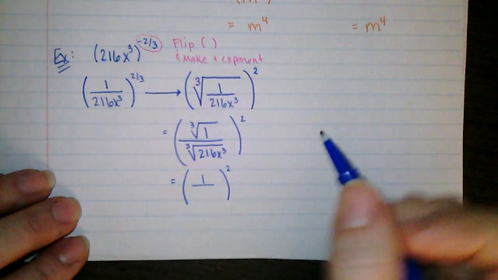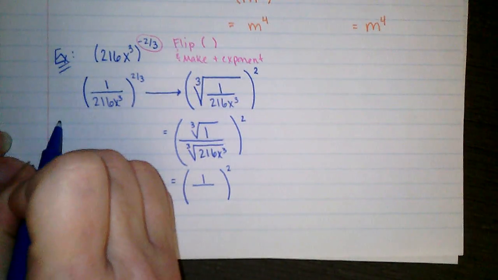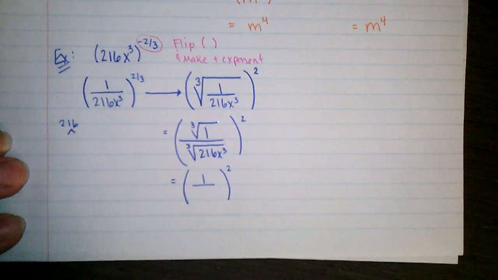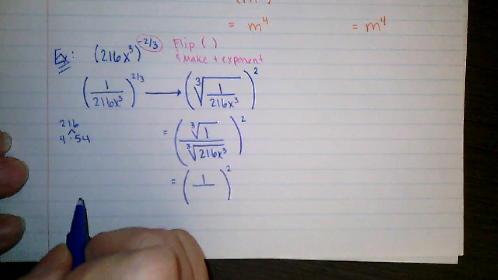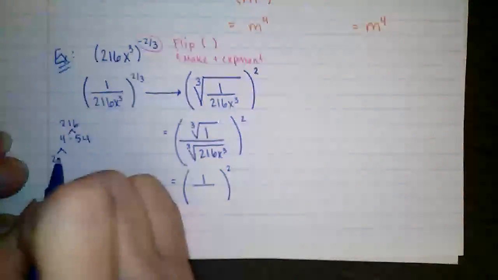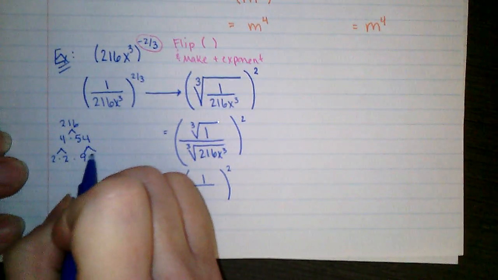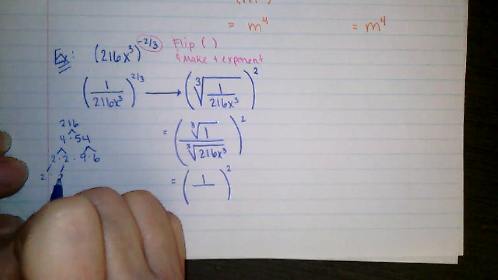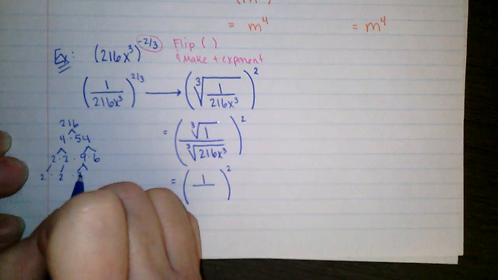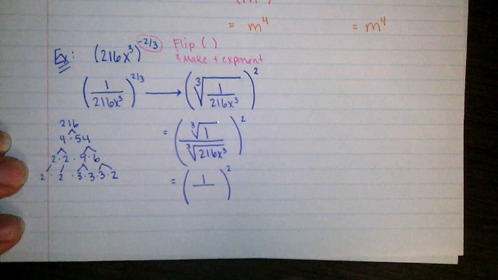And then when I have a number inside my radical, what I do is I break that number down. So I'm going to break that 216 down. It happens to be 4 times 54. I'm going to keep going. 4 is 2 times 2. 54 could be 9 times 6. Keep going. Bring those 2's along. 9 is 3 times 3, and 6 is 3 times 2.